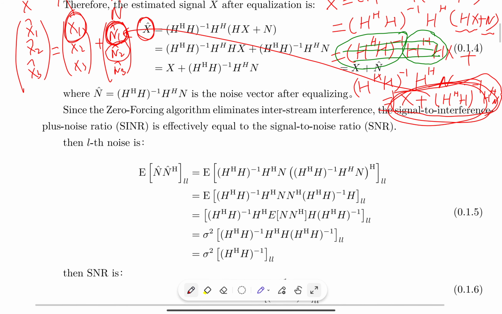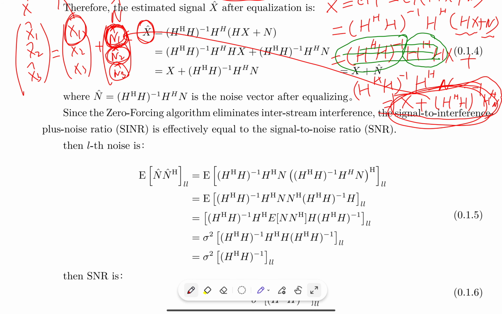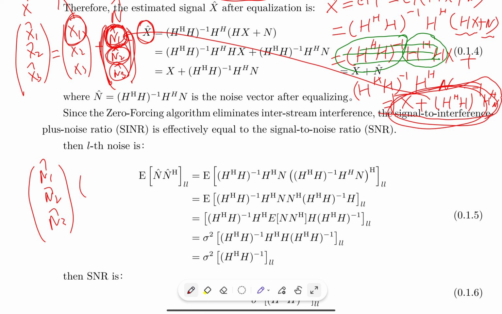We need to calculate each element's power, but it is a little bit difficult to write the math equation. So we use the covariance matrix. This is a vector, so we use the vector times the vector's conjugate transpose. Now we get a matrix. This is a covariance matrix.